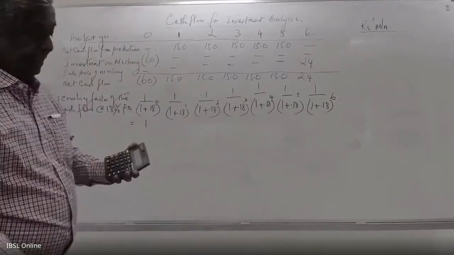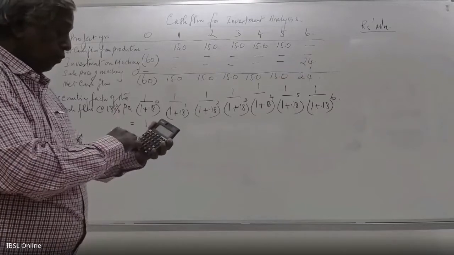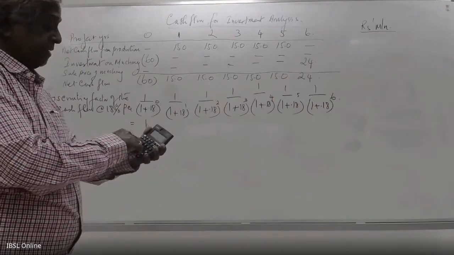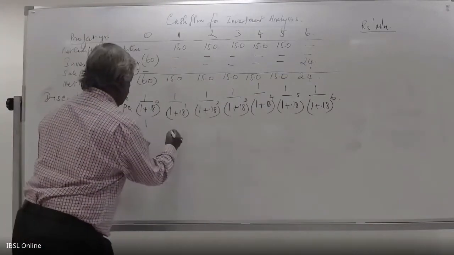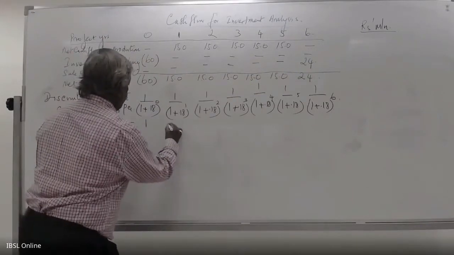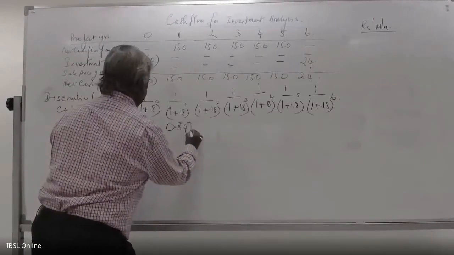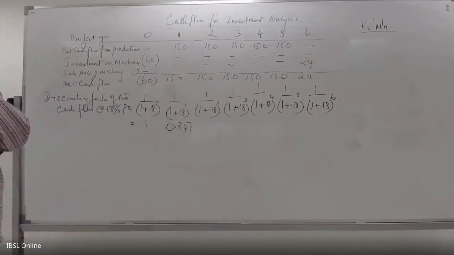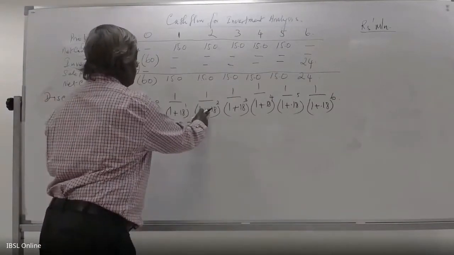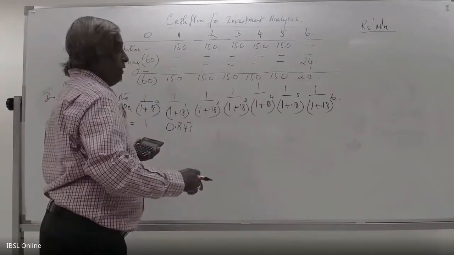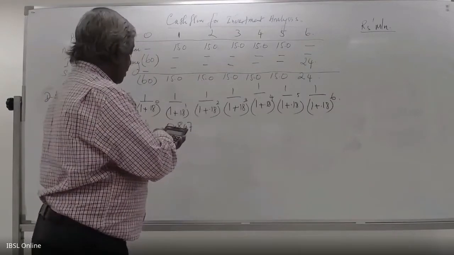So in this simple calculator, 1 divided by 1.18, equal sign. Here you will get 0.847. Now this answer should be again divided by 1.18. We press equal sign again. Again divide. 0.718.